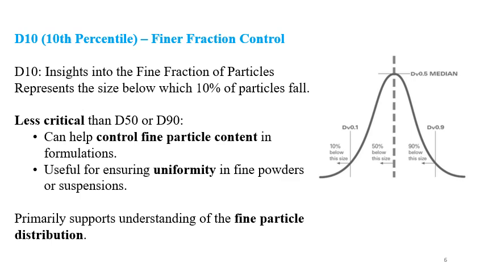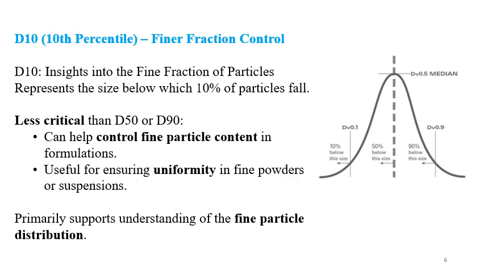It represents the size below which 10% of particles fall, and D10 is considered less critical compared to the D50 and D90 values. The D10 value can help to control fine particle content in the formulation, useful for ensuring uniformity in fine powders or suspensions. And primarily D10 supports understanding of the fine particle distribution.